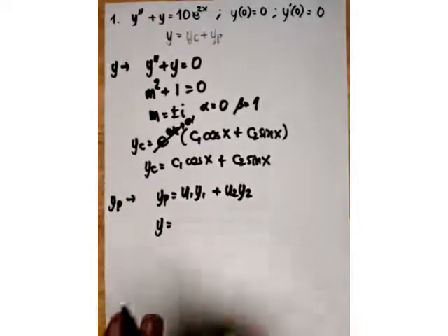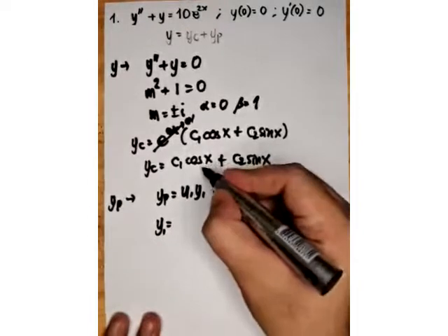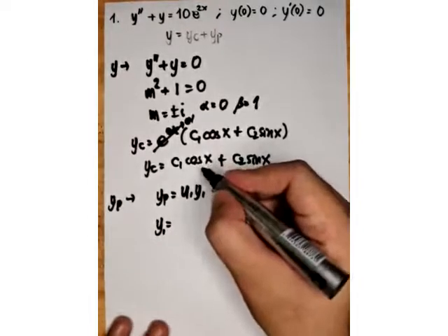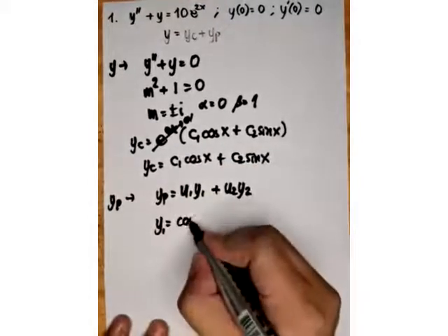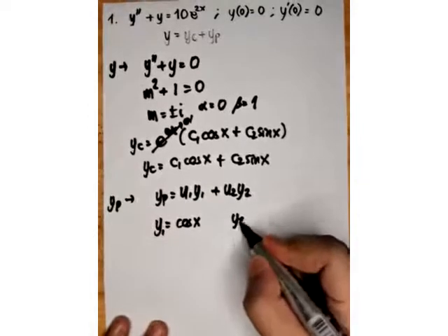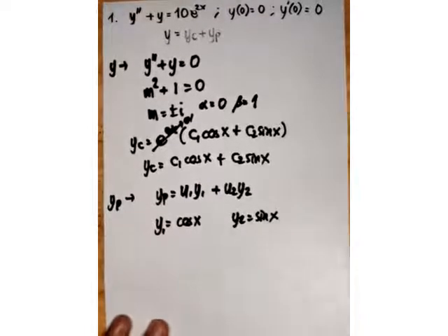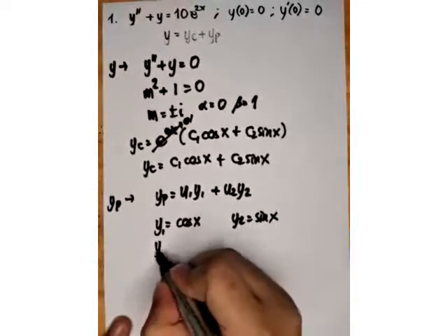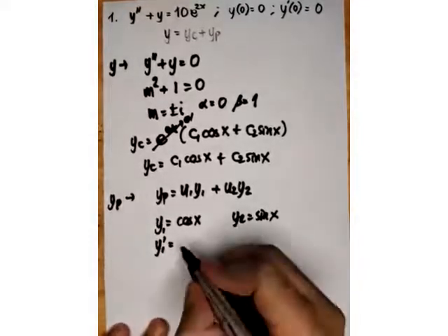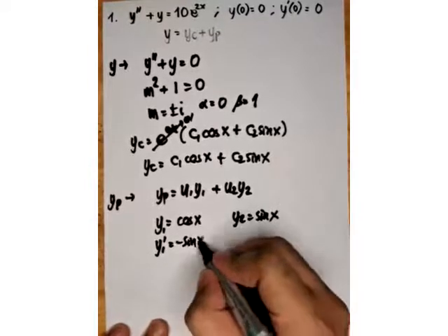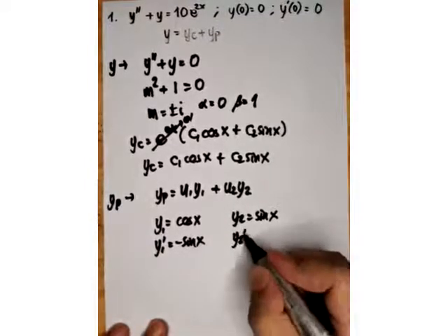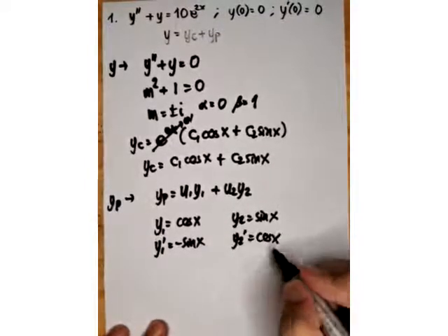So therefore, y1 is equal to the first solution, that is cosine x, and then y2 will be equal to sine x. Since dalawa yan, we will derive it only once. So y1 prime is negative sine x, and y2 prime is equal to cosine x.